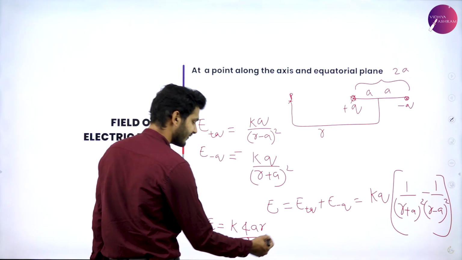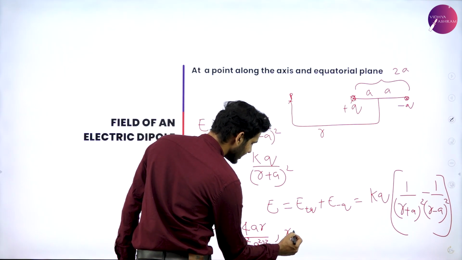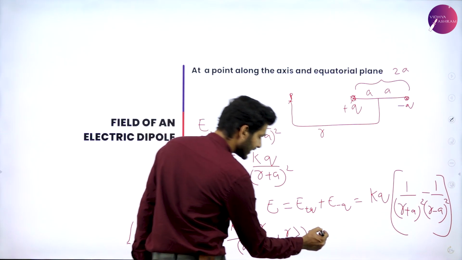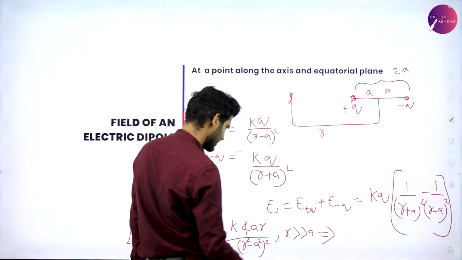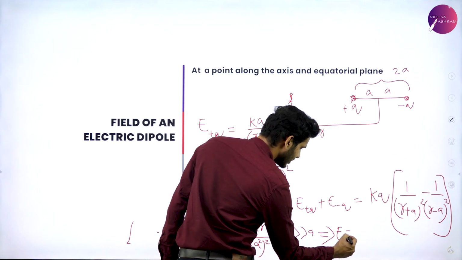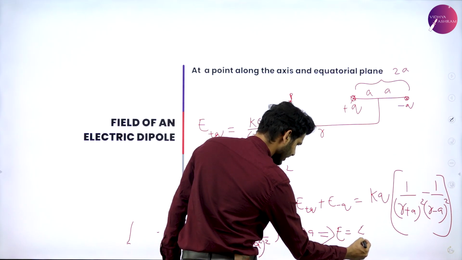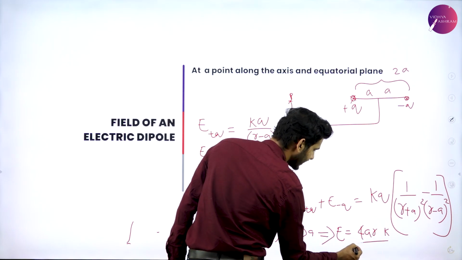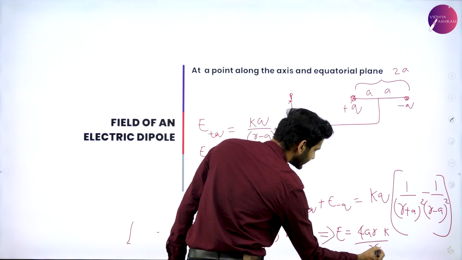And we considered the fact that r will be very larger than a, or a will be very less than r. Then it implied that the electric field will be equal to 4ar into K divided by r raised to 4.